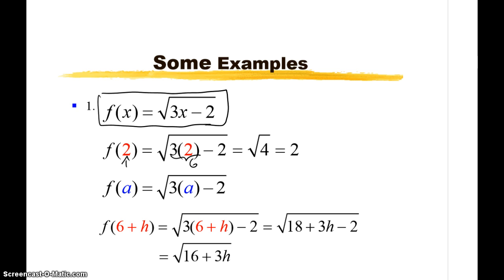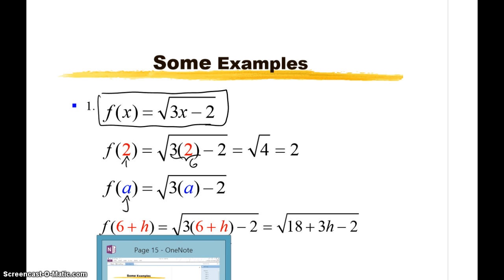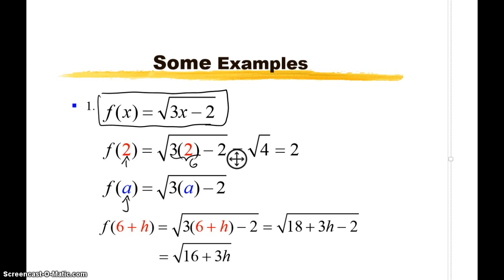And the input doesn't always have to be a number. It could be a variable, for example, a here. Everywhere we see our input x, we replace it with the letter a. So this is going to be the square root of 3a minus 2.